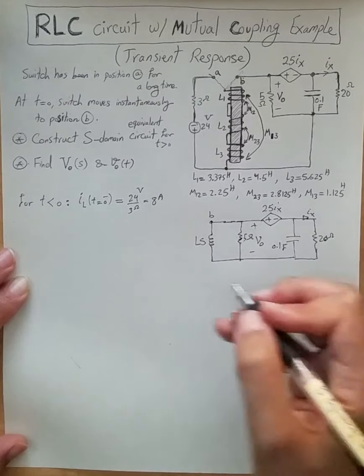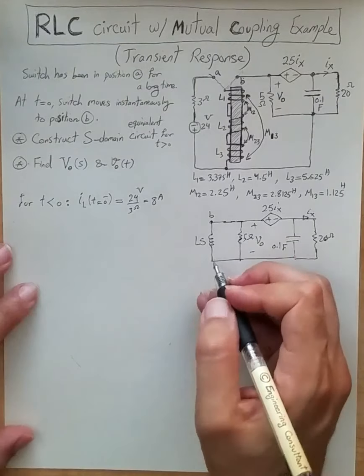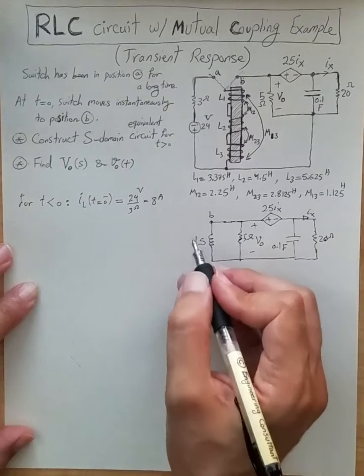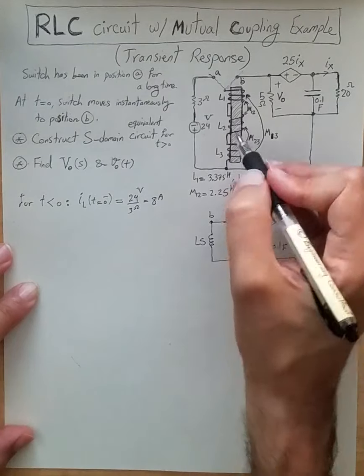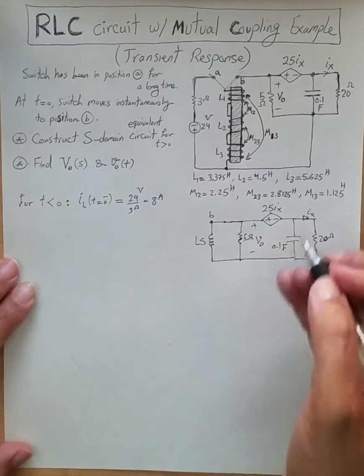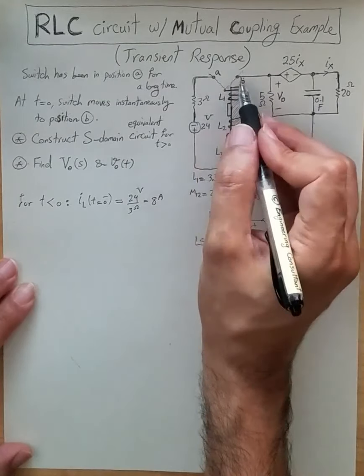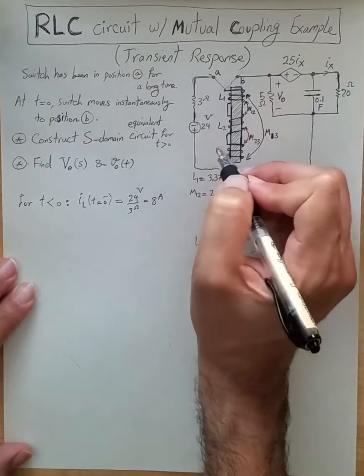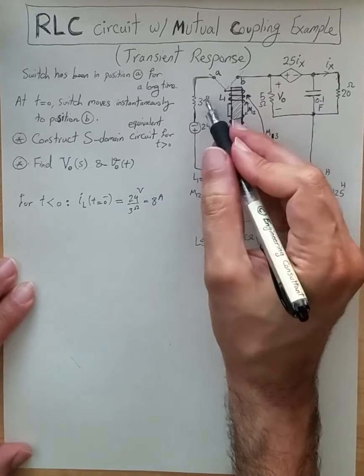Of course, we are missing one component here, and that is a so-called loaded inductor, meaning that right before the switch changes position, there is an 8 amp current going through this inductor.